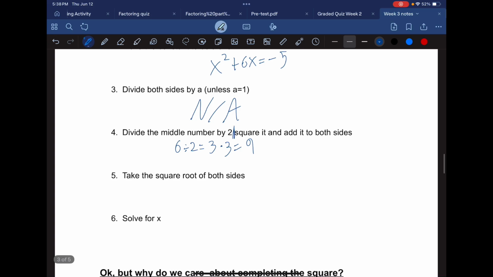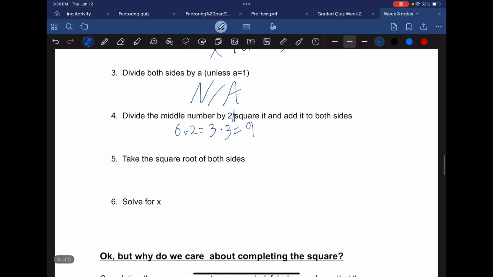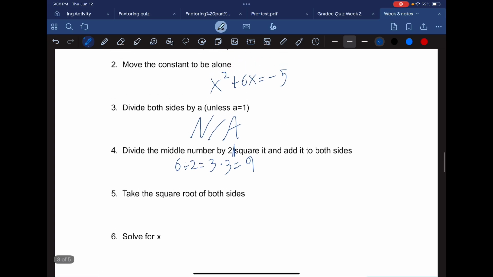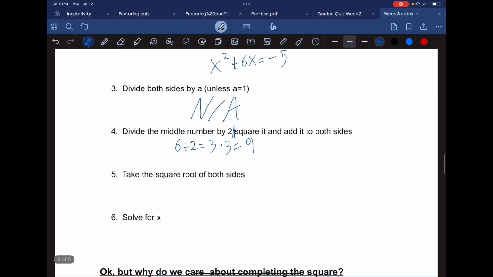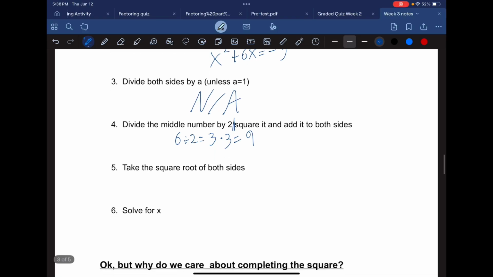If it's added to both sides of the equation, it keeps it equivalent. We're not changing anything about the equation. So we have x squared plus 6x plus 9 equals negative 5 plus 9.